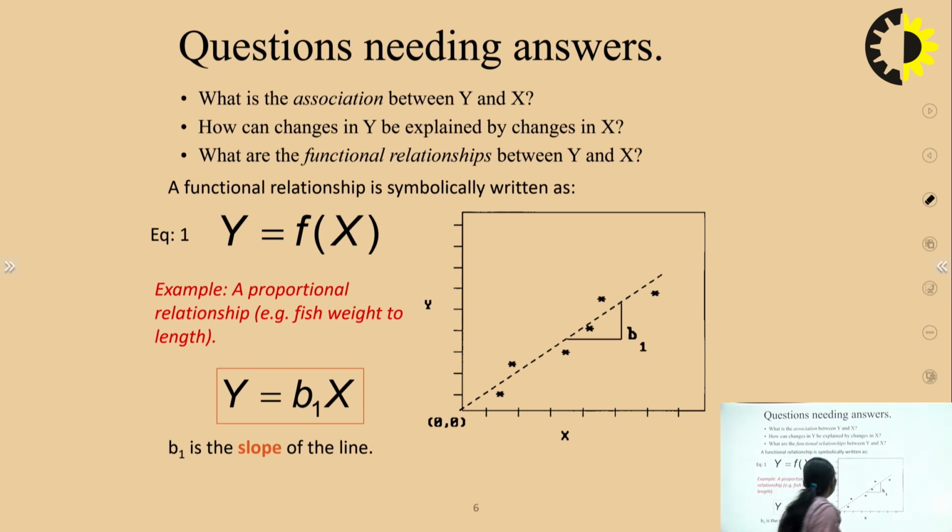So, as we have studied, y is a function of x. Here is the diagram which we studied earlier. This is the line drawn, and this is the equation of line.